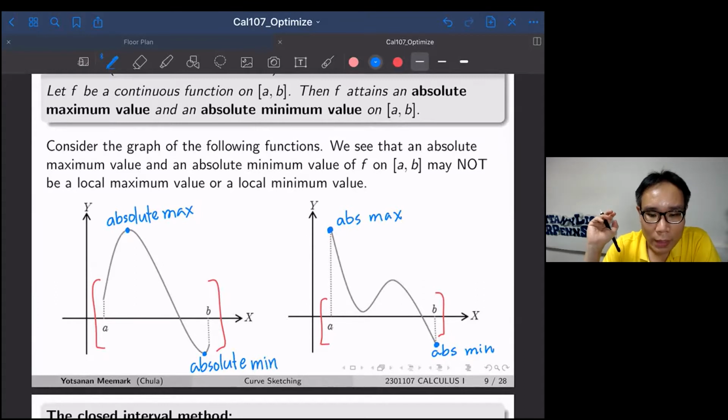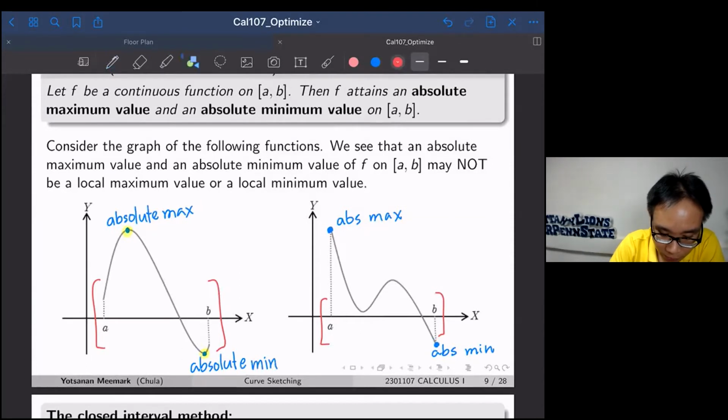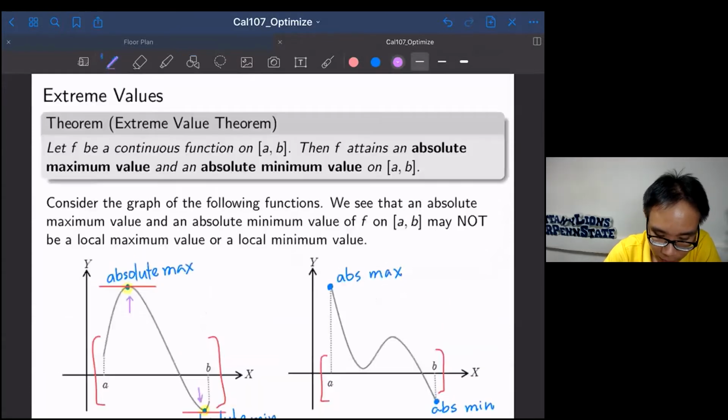Another thing that I want you to notice is that in the first example, for the absolute minimum and absolute maximum, if you compute the derivative of this function, it's gonna turn out to be 0. So they are critical numbers in this case.